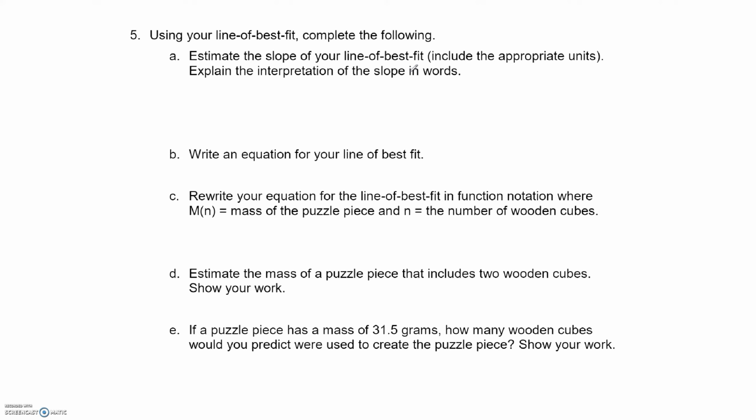Alright, so the slope, and I'm just going to make up a number, so this is not going to be anything close to what you guys have. I'm going to say that 1 cube of mine weighs 8 grams. And that the interpretation of the slope is that each cube weighs about 8 grams.